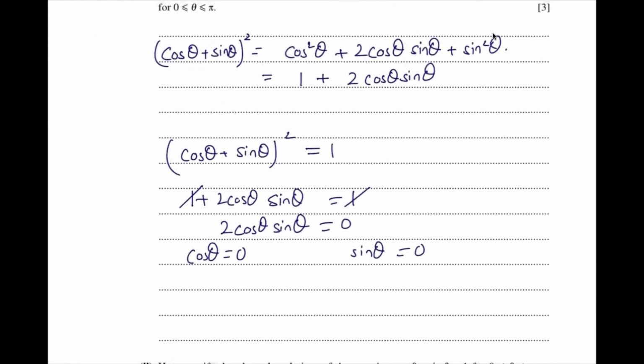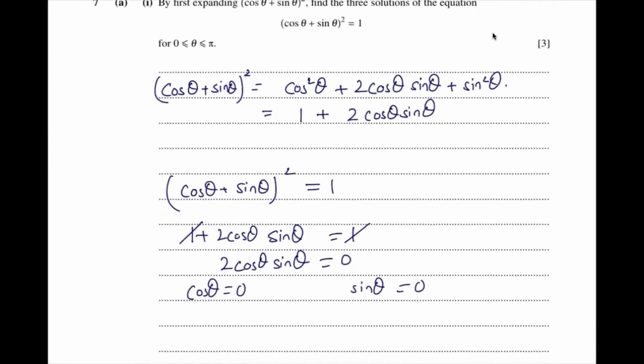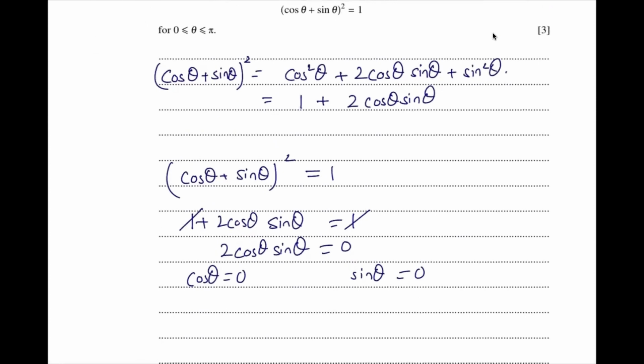So cos theta is equals to 0. You can find the angles. We need to find the angles between 0 and pi. If you take the basic angle out by doing cos inverse of 0, make sure your calculator is in radian mode.